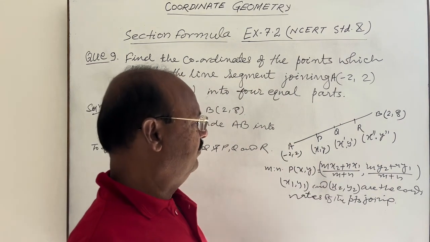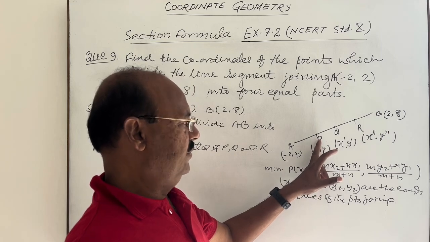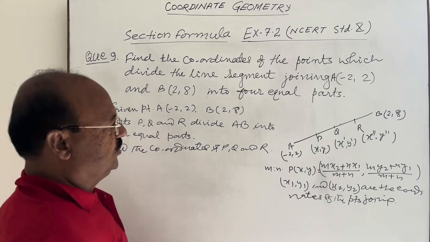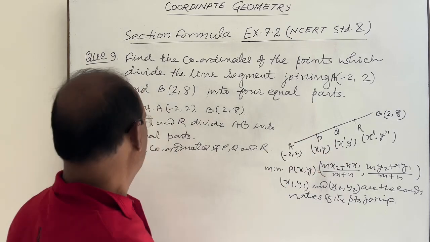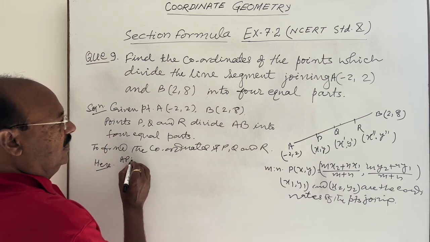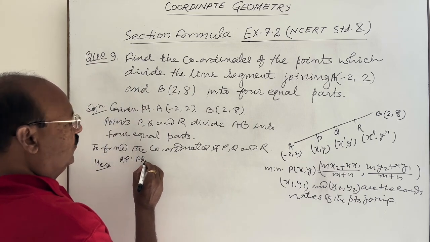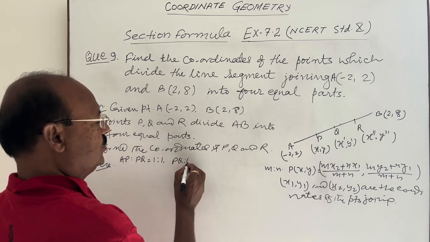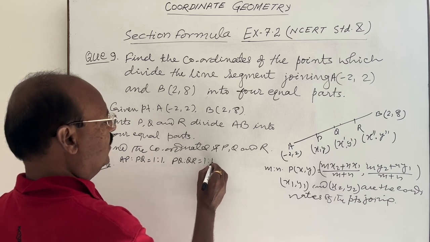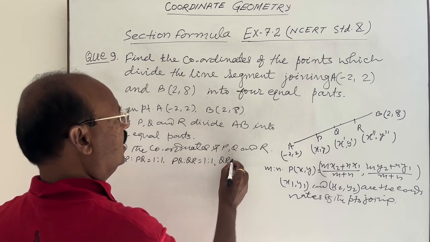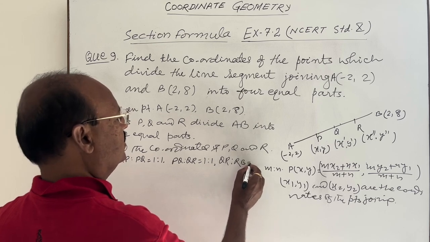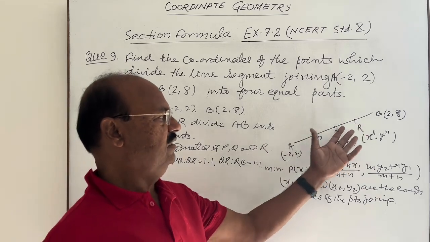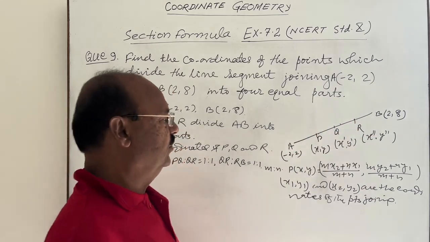First of all, we will find the coordinates of point P. Here you see, the ratio AP is to PQ is 1:1, PQ is to QR is 1:1, as well as QR is to RB is 1:1, because P, Q, R divide this line segment AB into 4 equal parts.